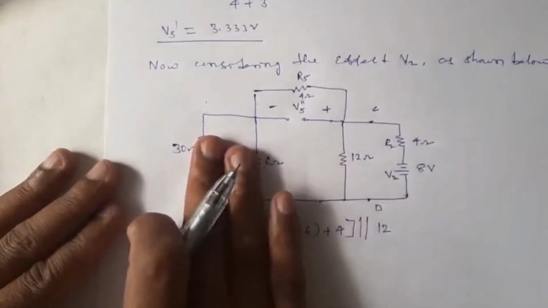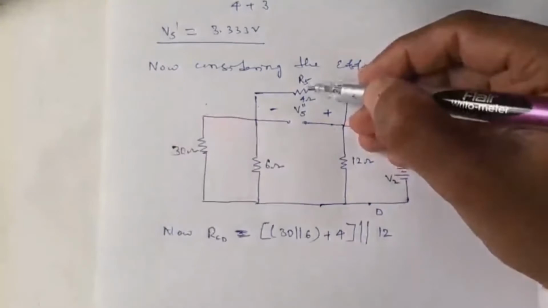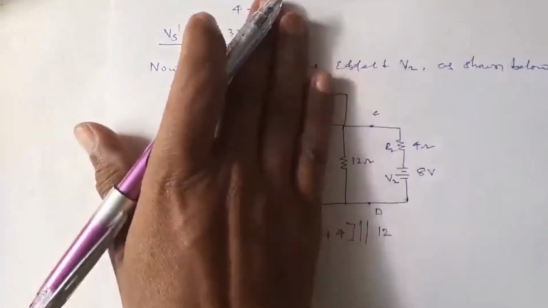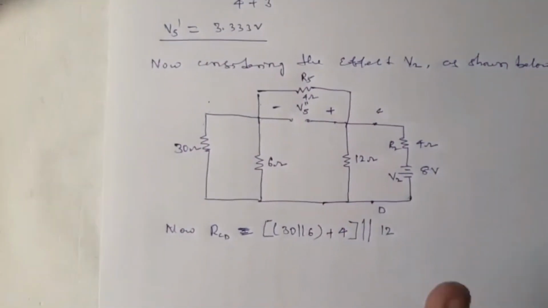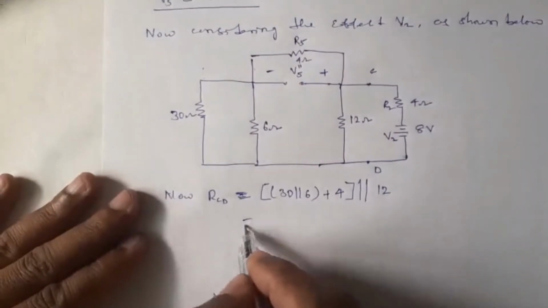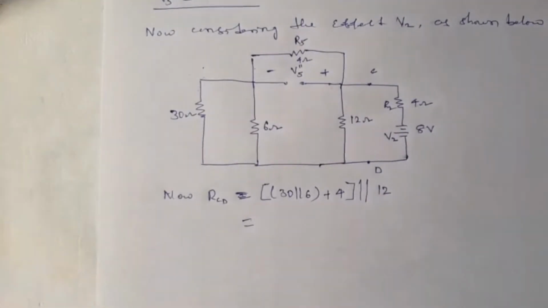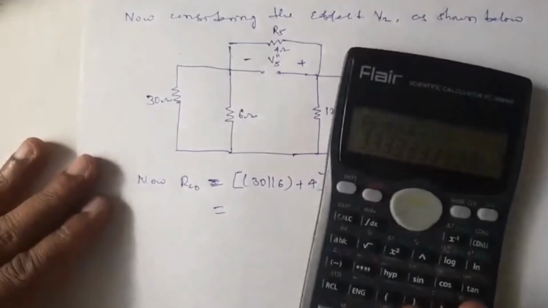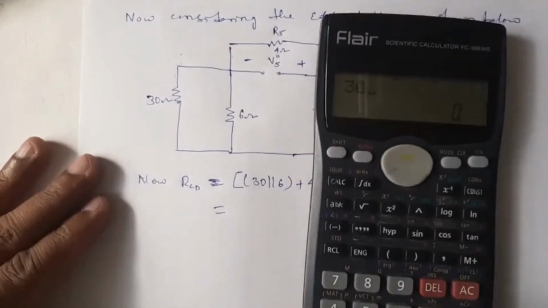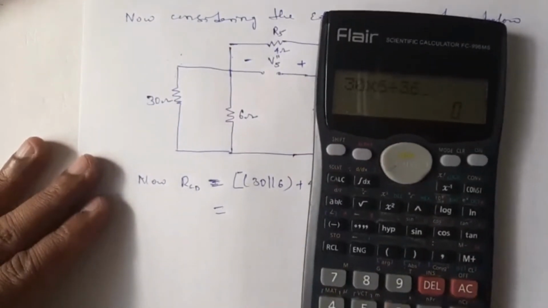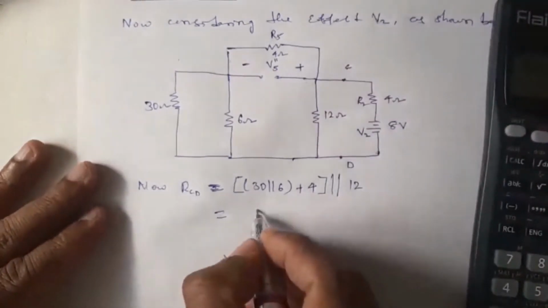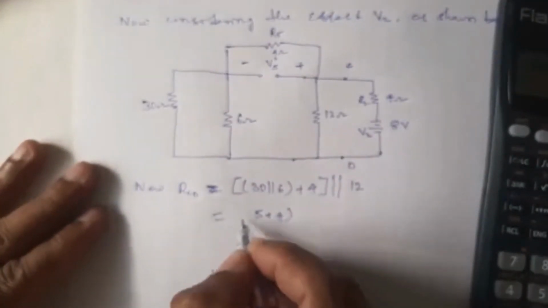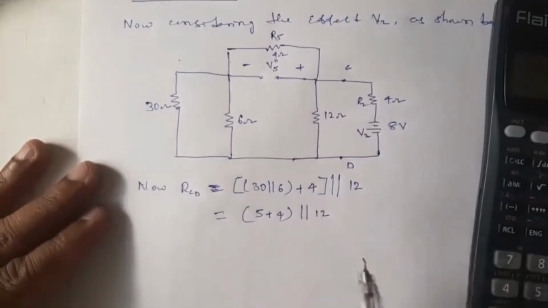Directly I have written: this is 30 into 6 divided by 30 plus 6. 30 into 6 divided by 36 is 5, plus 4, and this combination is in parallel with 12.